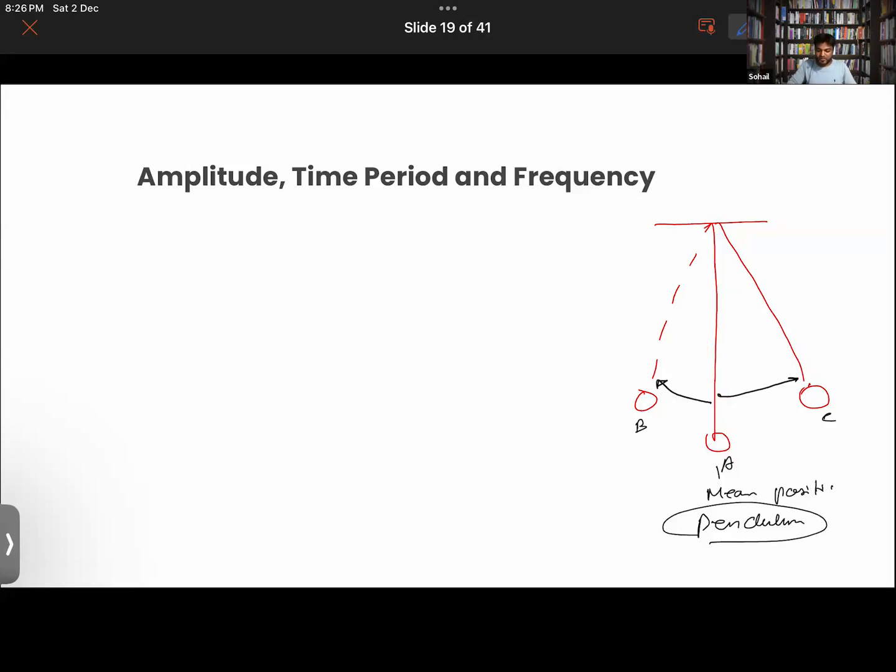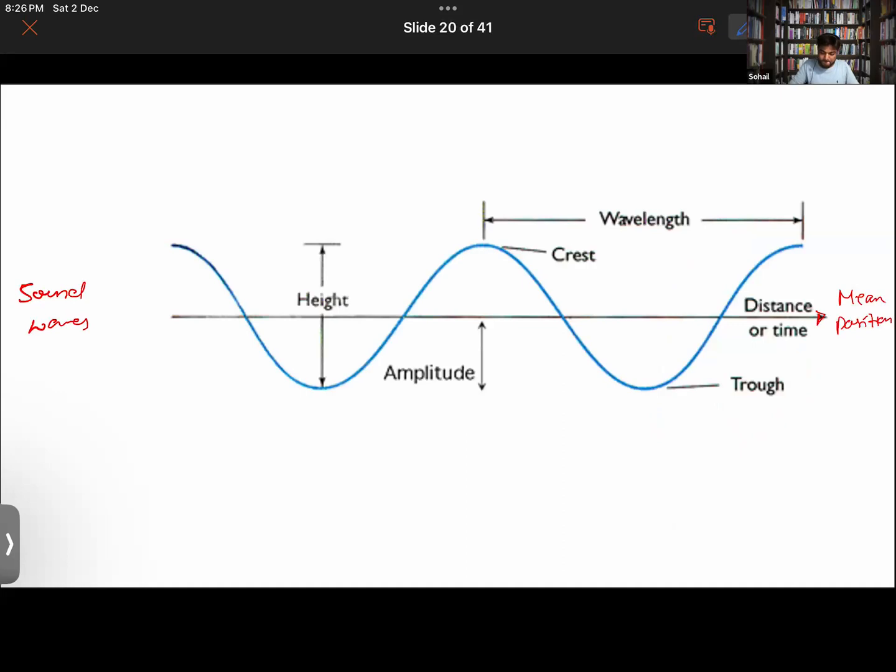Also, if it simply moves from B to C and then C to B, that also makes up one oscillation. Getting it? So whatever time will be taken to complete one oscillation, that means it's the time period. Getting it or not?